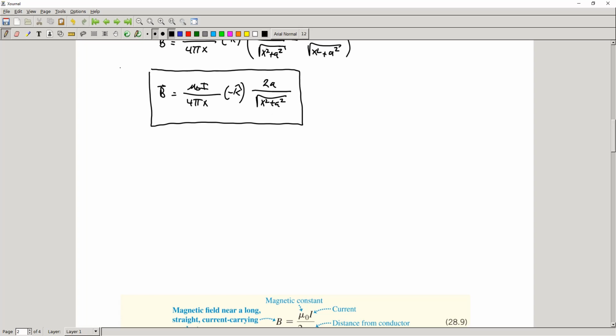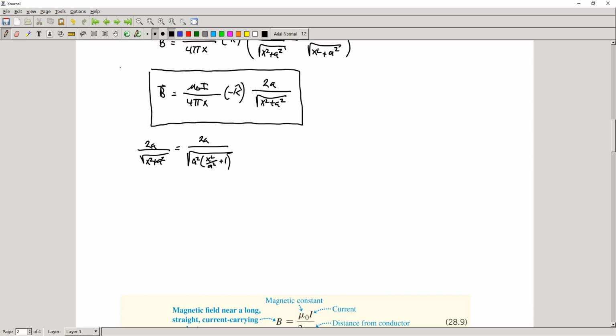We can rewrite 2a over square root x squared plus a squared as, and I'm going to kind of bunch it up on one line here to save some space, 2a over, let's say, square root. I'm going to factor out an a squared, and so we're going to have x squared over a squared plus 1, right?